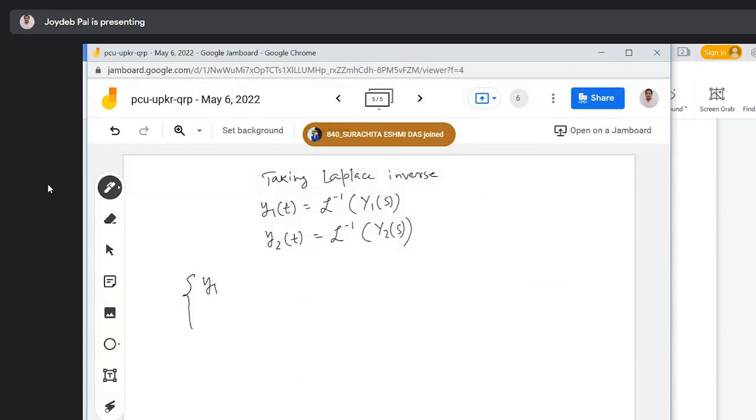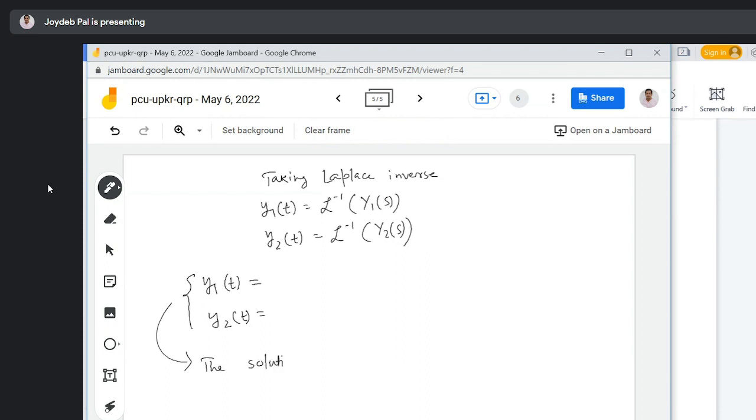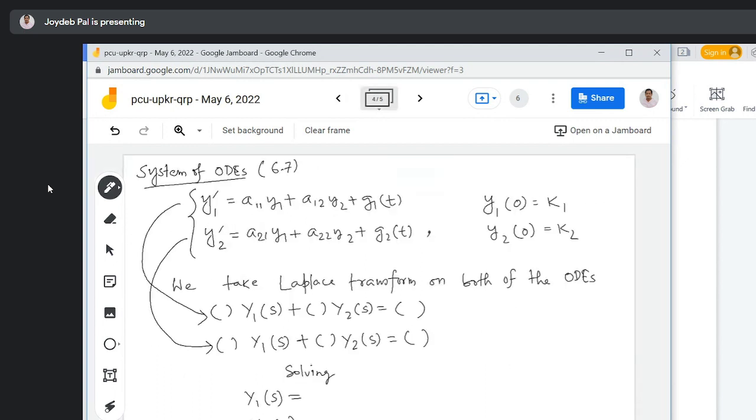Whatever you got after taking Laplace inverse, those y1 and y2 together are called the solution of the system of ODEs. Do you get it? The process, the method. Yes.